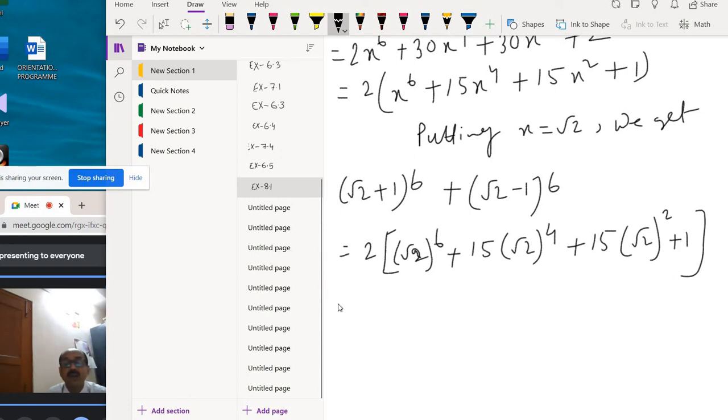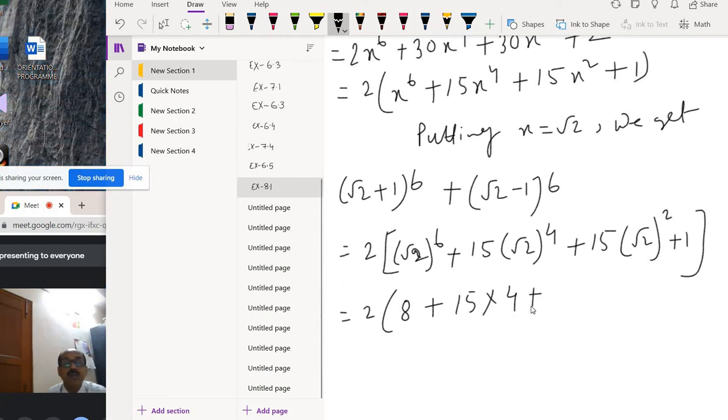Okay. Now 2 into root 2 to the power 6 will be 8, and root 2 to the power 4 will be 4, and root 2 to the power 2 will be 2. So 15 into 4 is 60, and 15 into 2 is 30, plus 1.